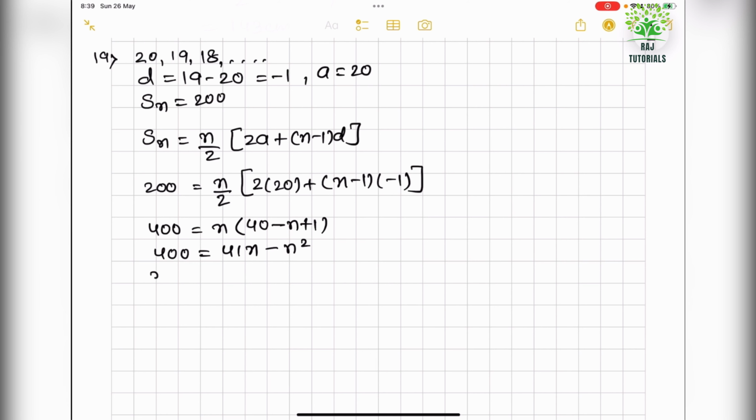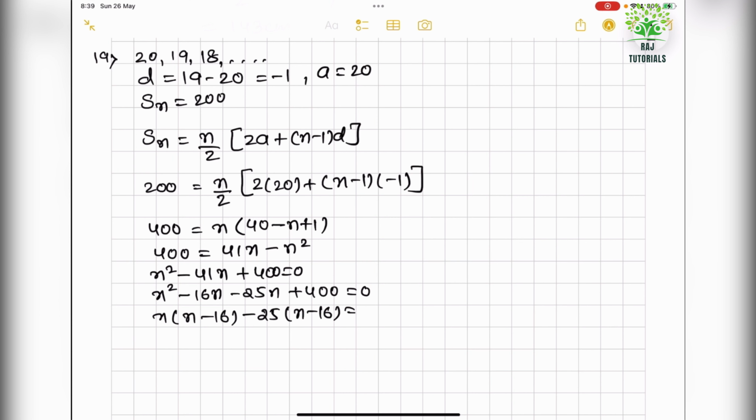Bringing everything to one side, n square minus 41n plus 400 equals 0. Factors of 400 whose sum is 41: 16 and 25. So n square minus 16n minus 25n plus 400 equals 0. So (n minus 16)(n minus 25) equals 0. Therefore n equals 16 or 25.